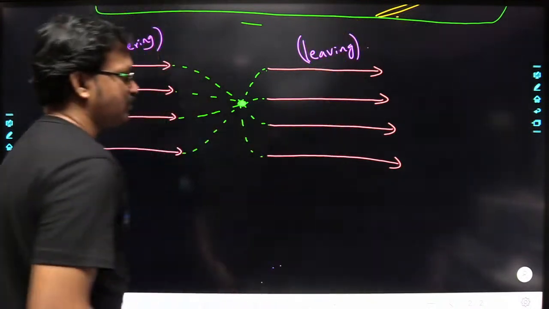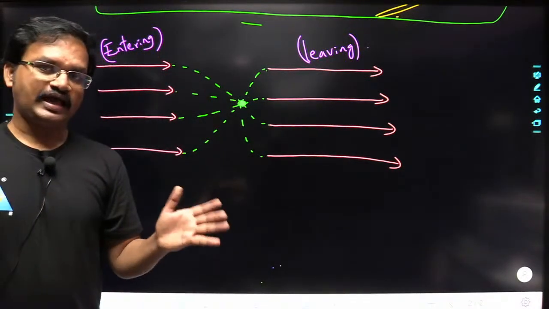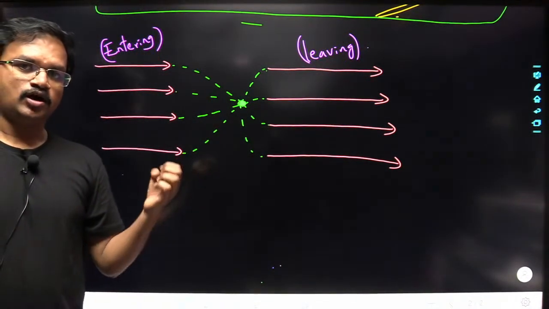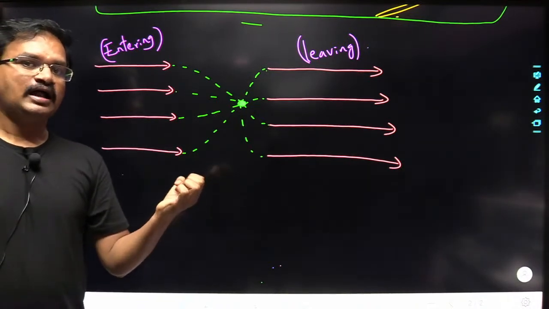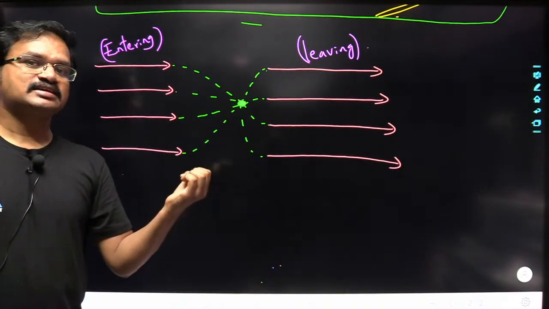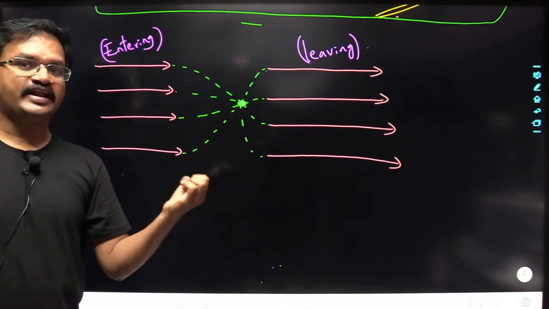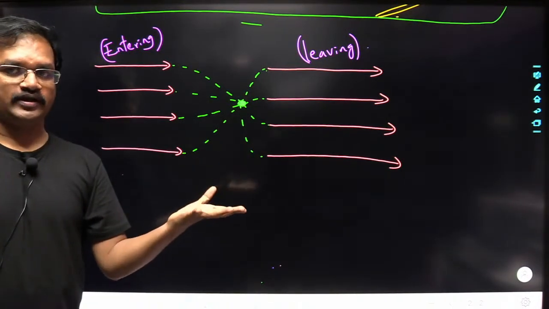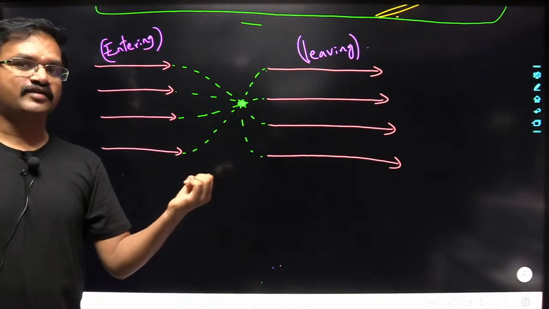Now tell me, whenever you are calculating divergence, what are you calculating here? You are determining how much of the net field is leaving from a given point, or how much of the field is diverging from a point.